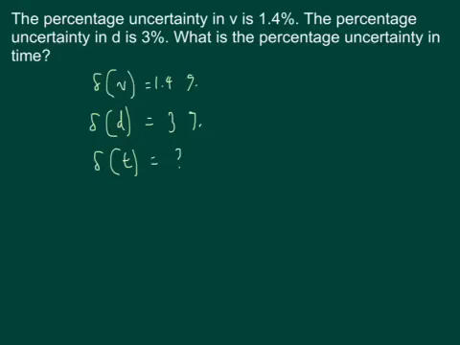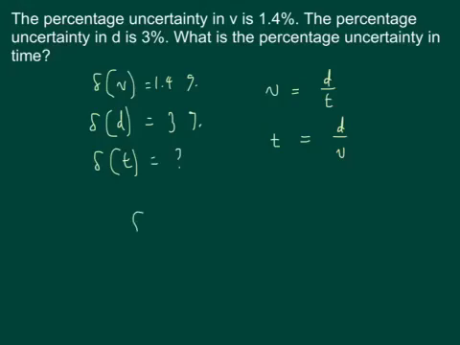To find the percentage uncertainty in time, we need an equation for time. We know that speed is distance over time. So if we isolate time, we get distance over speed. We are dividing two measurements. And whenever we divide two measurements, we add together the percentage uncertainties, not the absolute uncertainties.